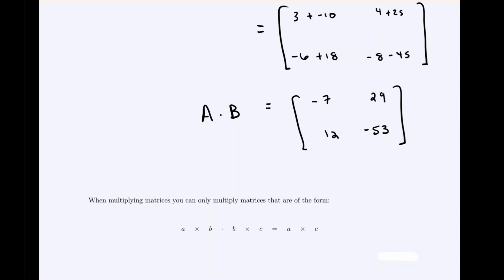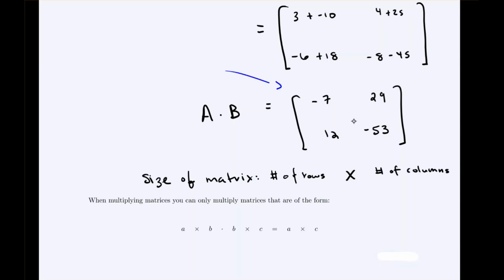And we always describe the size of a matrix by the number of rows, then the symbol X, then the number of columns. So in this case, A times B is a 2 row by 2 column matrix.